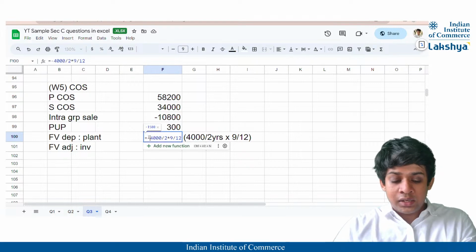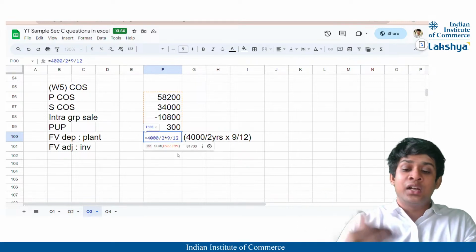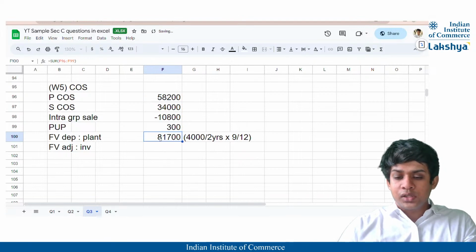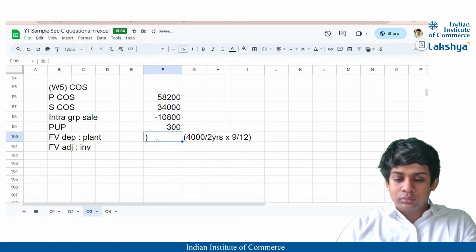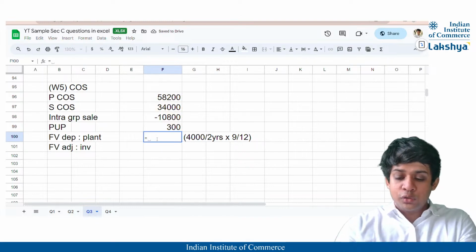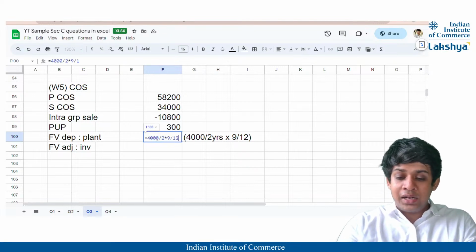So I'll just put a negative sign here because it is a depreciation, sorry, not a negative, because depreciation is added to the cost of sales. Oops, so what is the mistake here? Okay, I'll just do 4,000 divided by 2 years into 9 divided by 12.